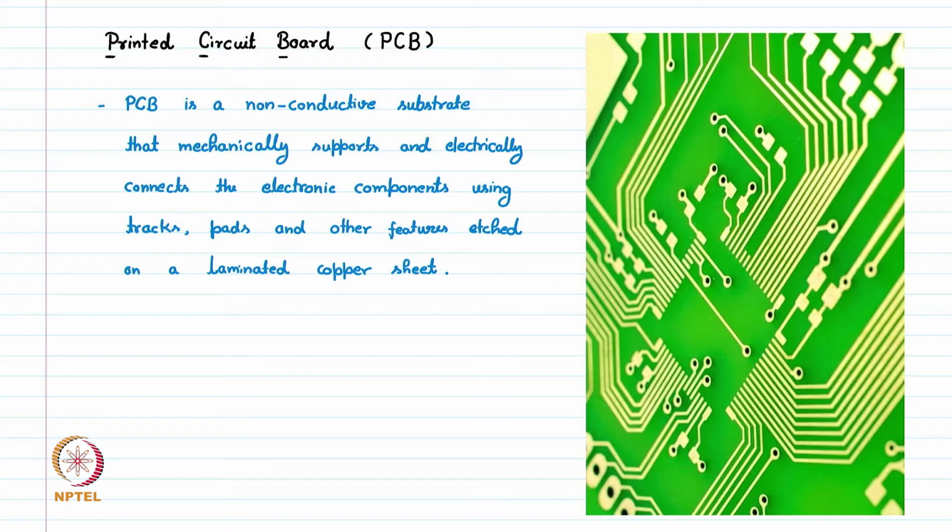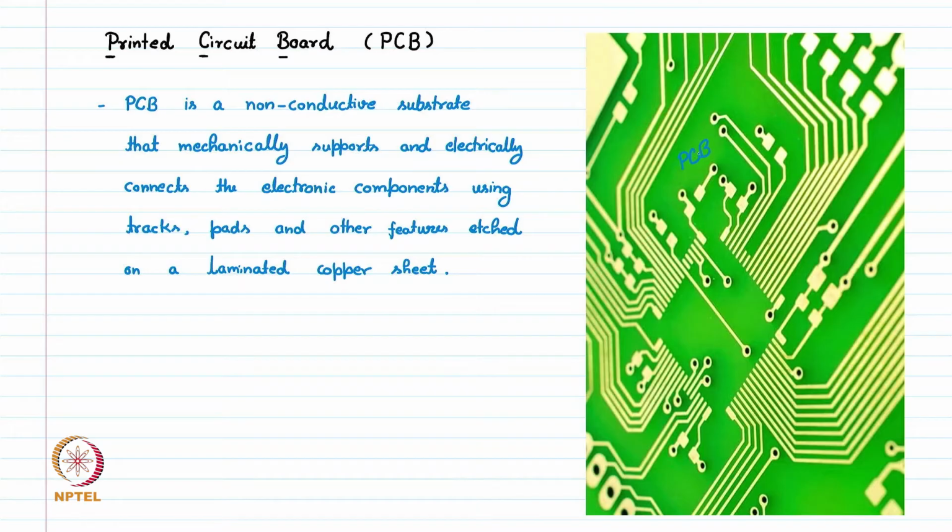So this is a simple photo of a PCB. If you see here, this green color thing is the surface, this is the PCB. This is a thin sheet of substrate which is electrically insulated, so there is no current flow on this green laminate.